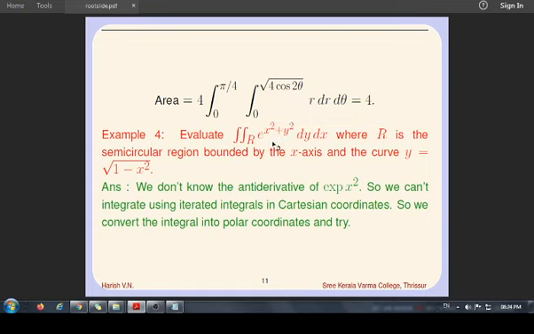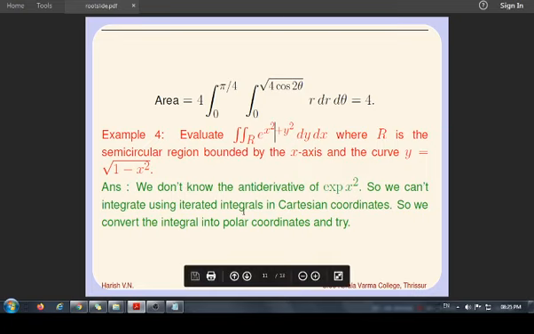Do we know some antiderivative of e to the power x square? If you know, then you can use that antiderivative to compute the integration with respect to x. But the problem is, the antiderivative of e to the power x square is unknown. Nobody knows. So we cannot proceed in that way. Using rectangular coordinates, this is very difficult to evaluate.